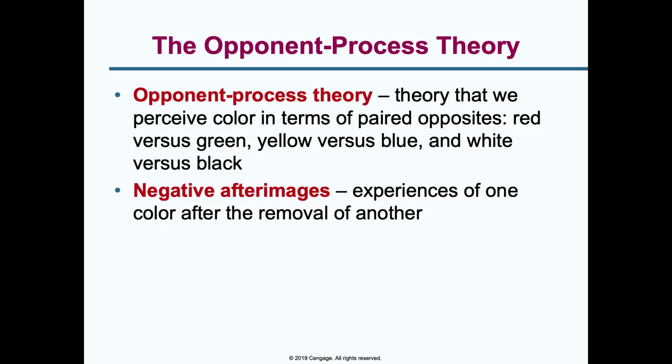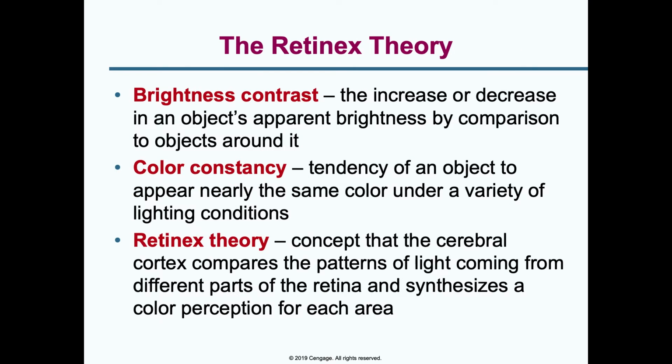The third theory that helps explain color vision is called the Retinex theory. The Retinex theory has to do with a few kinds of concepts. The first one is about brightness. The question to ask is, how does the brightness of an object change when looking at things around it? Does it change, or does it stay constant?